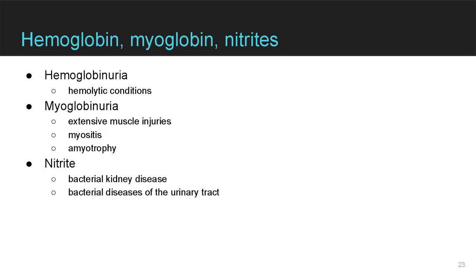The last component which we can find in urine is nitrite. The main idea is that bacteria use urea, uric acids, amino acids, as a source of energy or structural components, and they have to oxidize these chemicals.